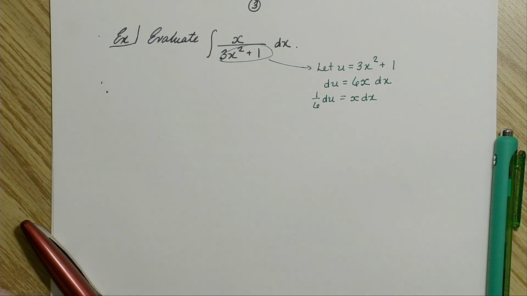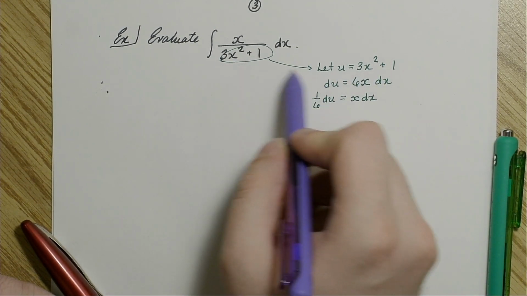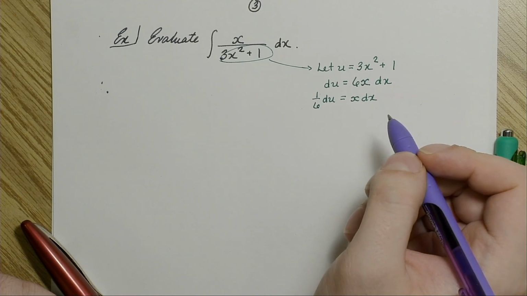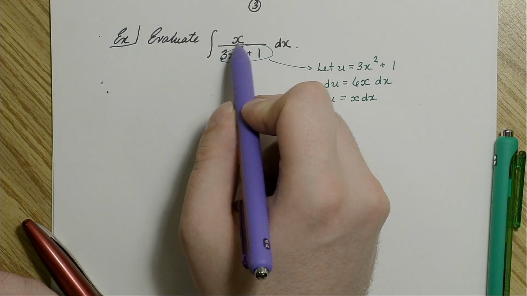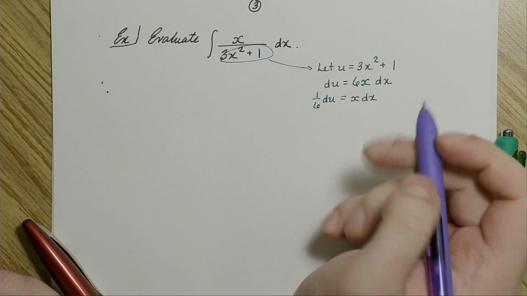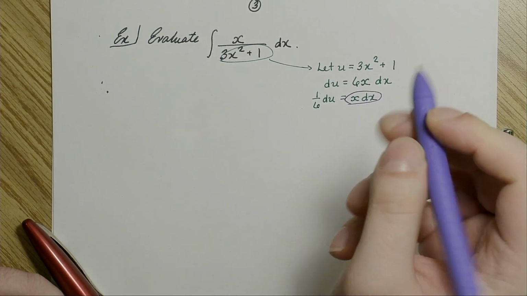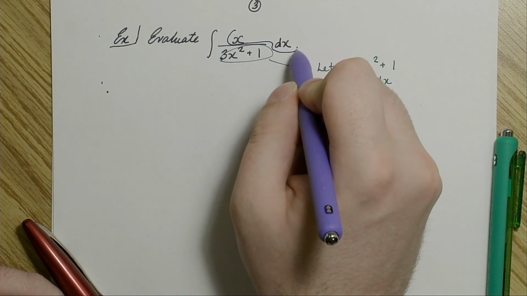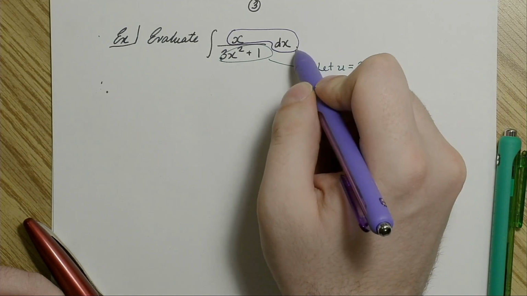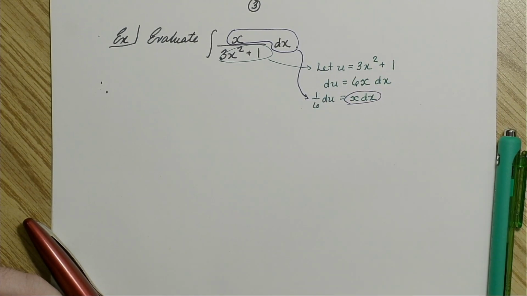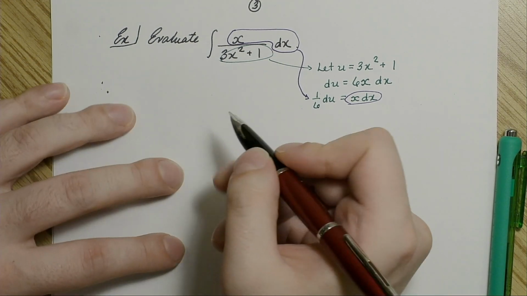I covered the u part, and I'm still left with this x dx here. That is equal to 1/6 du. So I can rewrite that.